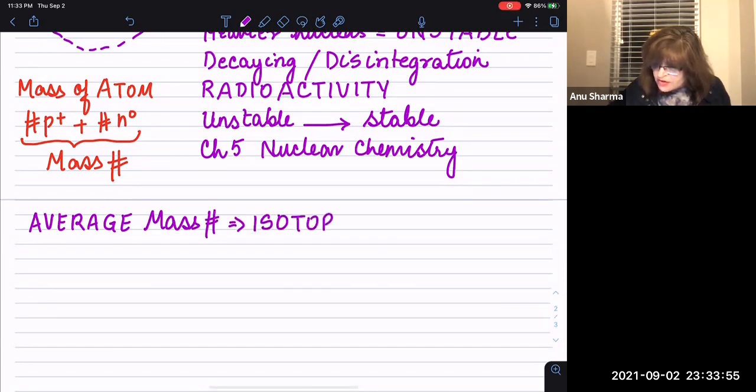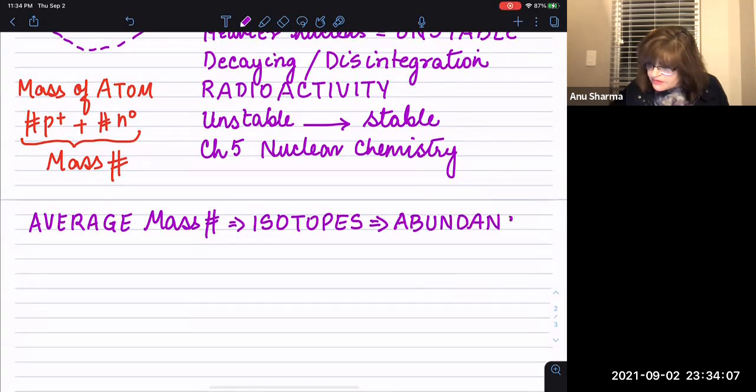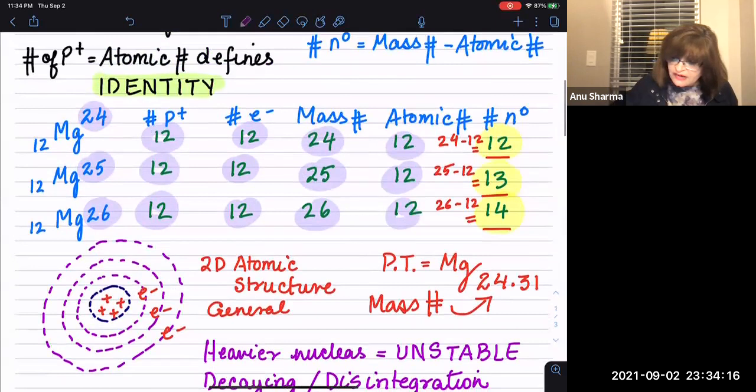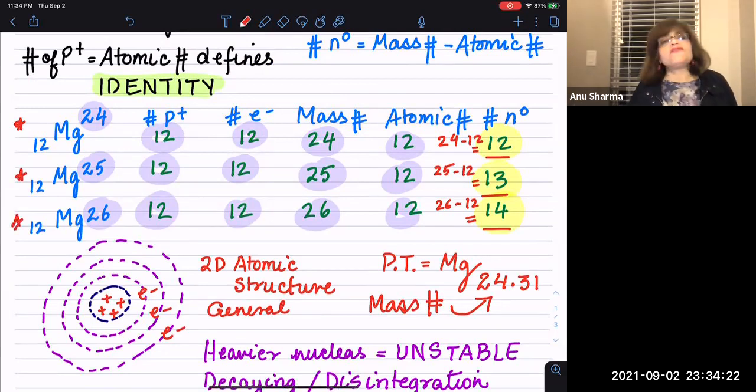So here we have also brought in another thing, and that is related to the abundance factor. Now, what is abundance factor? Each of these magnesiums found in nature, magnesium 24, magnesium 25, and magnesium 26, are found in some amounts in nature.